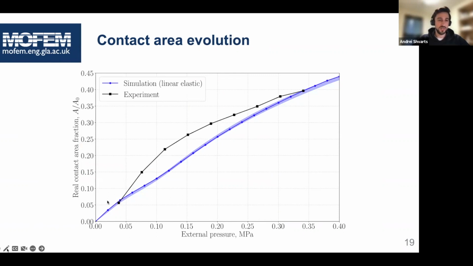And if we plot the evolution of the contact area with respect to the applied load, we can see that the results of simulation agree reasonably well with the experiment and show the monotonic increase of the contact area with applied load, almost linear in the beginning, and then there is some kind of saturation later on. There is some discrepancy between the simulation and experiment, but of course there's further room for improvement, and this is ongoing work, like I said in the very beginning.